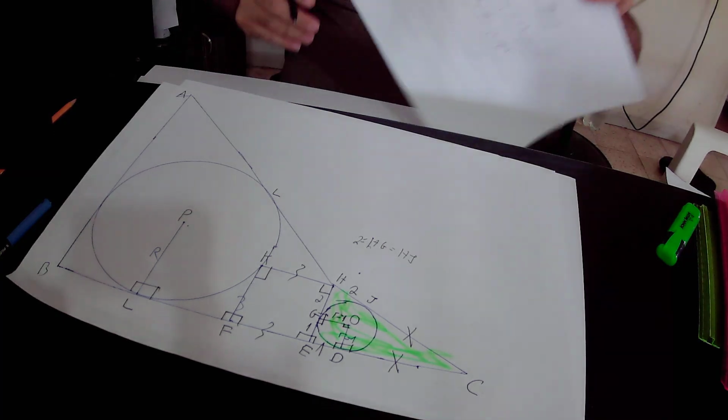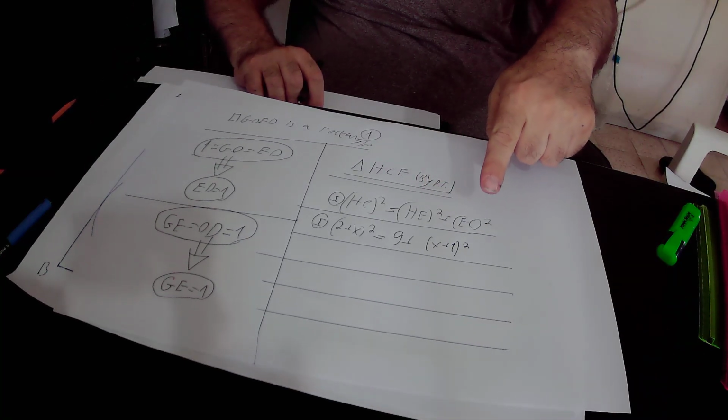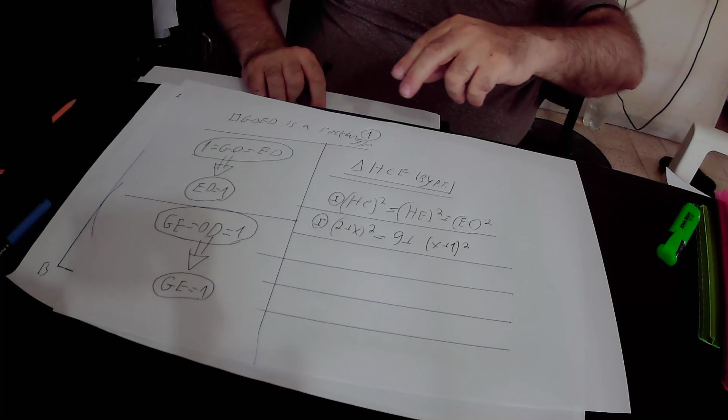So in conclusion, we found that according to equation number 1, (2 plus x) squared equals 9 plus (x plus 1) squared.